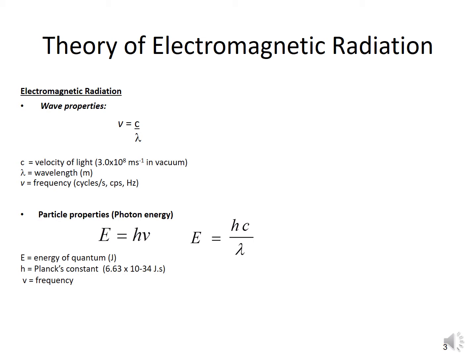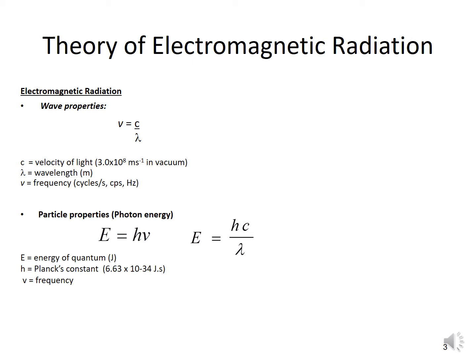I hope you already know that to calculate the photon energy, you must know the wavelength. In order to know the wavelength, you must determine it via experiment. So you need to do some experiment in order to calculate the photon energy emitted from the radiation of the energy source.